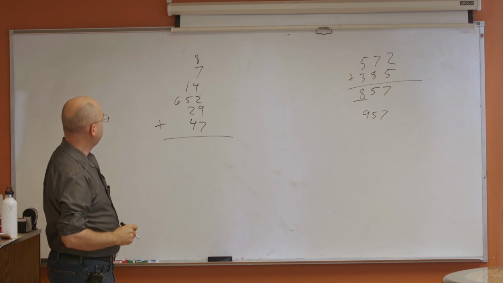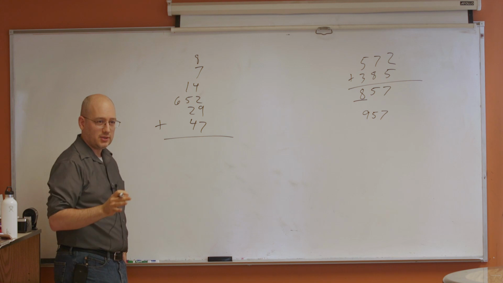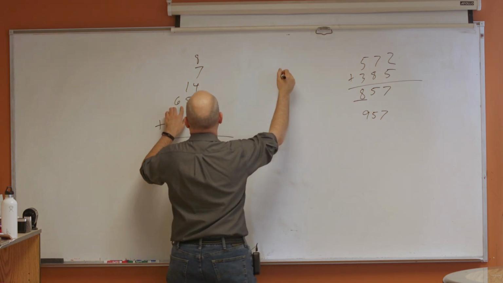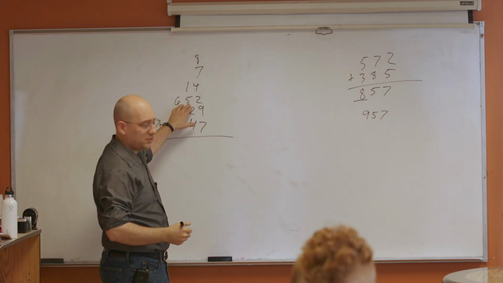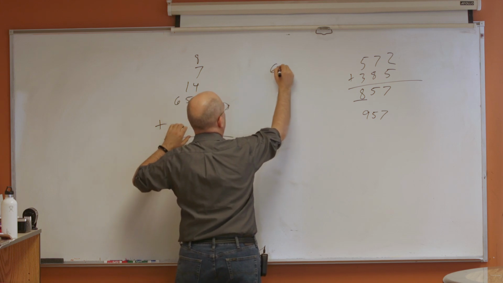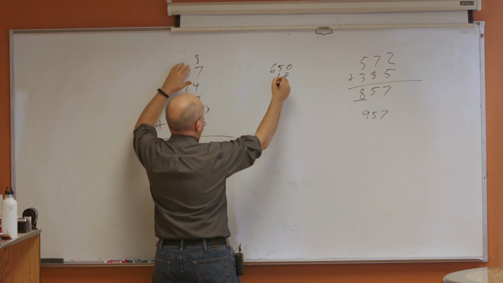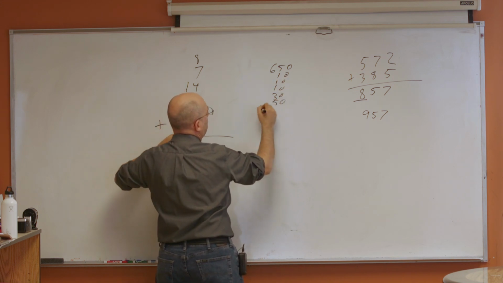So the first step is what? We do it intentionally wrong, and we round. Looks like there's a lot of 10s, so maybe I want to keep this 652 as 650. 14, let's say 10. These two are kind of 10, 10, 30, and 50.